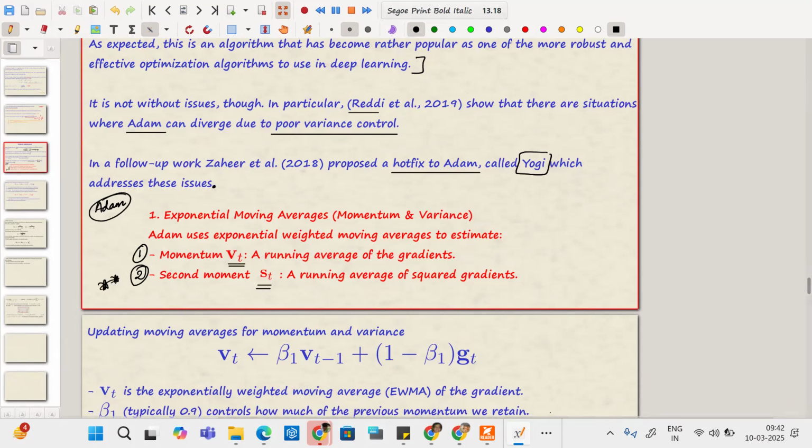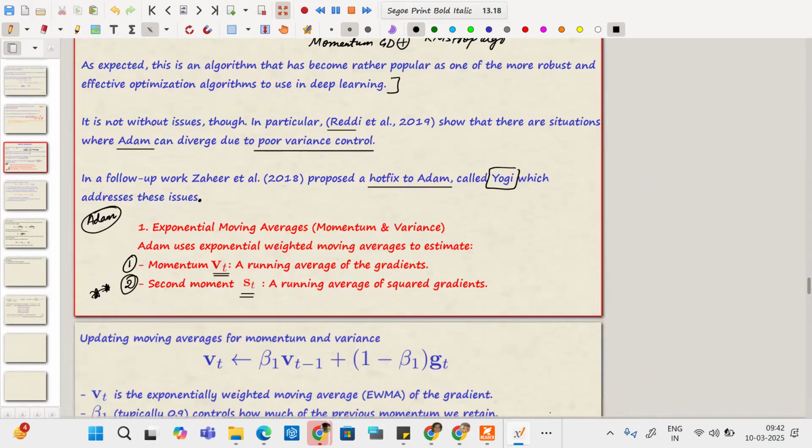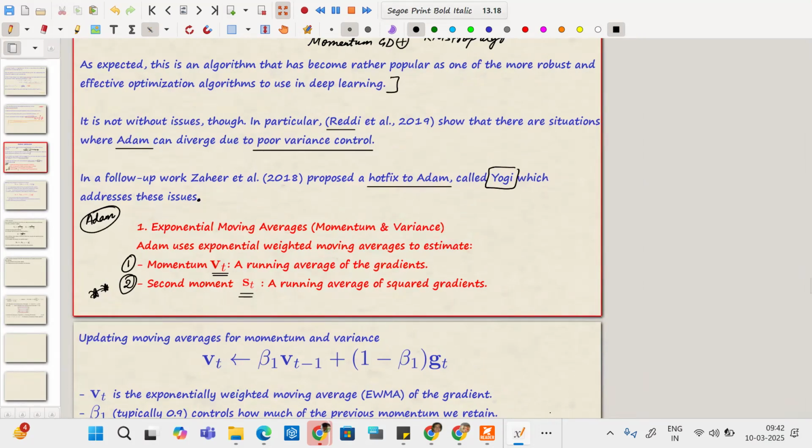In Adam optimizer, you will see two quantities, Vt and St. What is Vt? Momentum. What is St? Second moment. The second moment St you saw in RMSProp, isn't it? St equal to St minus 1 minus something, a running average of squared gradient.